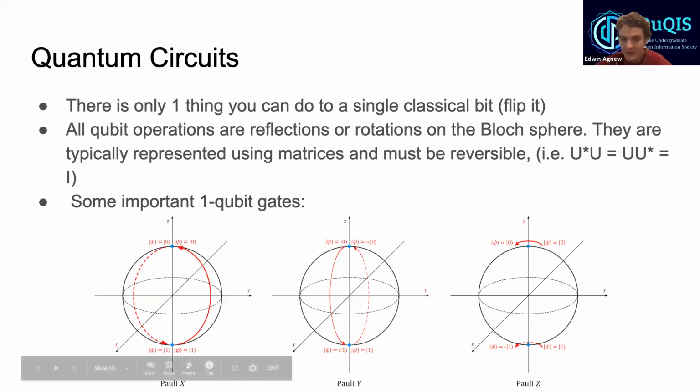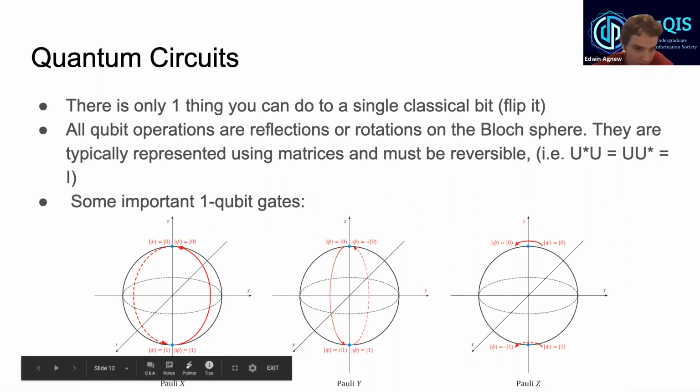If you remember that the states are vectors, this means that it's useful to represent all of these operations as matrices. So you can see this is where the linear algebra comes in. But we're not going to go into too much detail about that. The main thing to remember is that all of these operations have to be reversible.